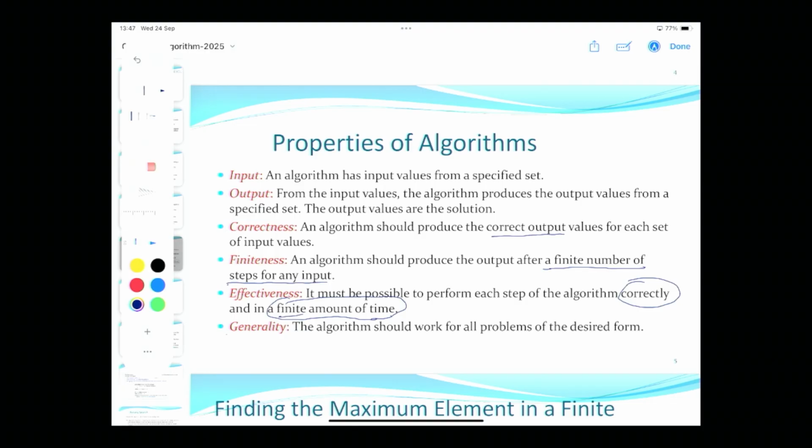In addition, the algorithm must be general enough so that it can solve various problems, which could be of different sizes as well. Generality here. So all of these properties are required. We cannot miss any of them, otherwise it is not an algorithm.